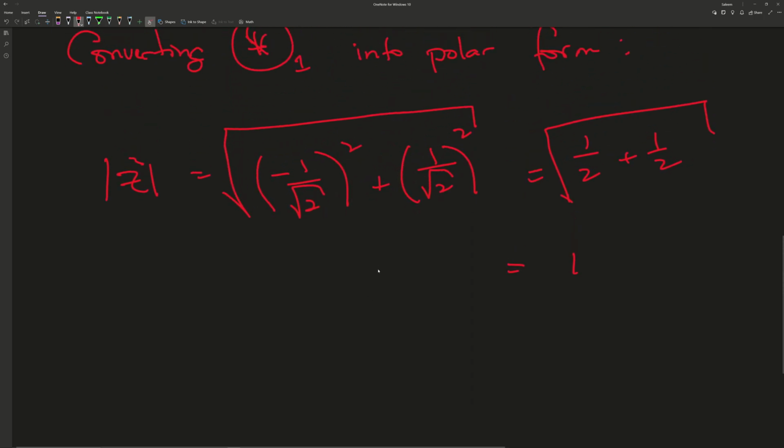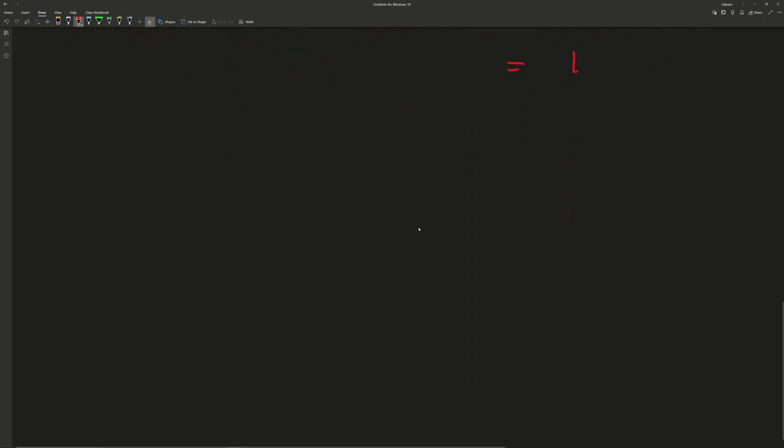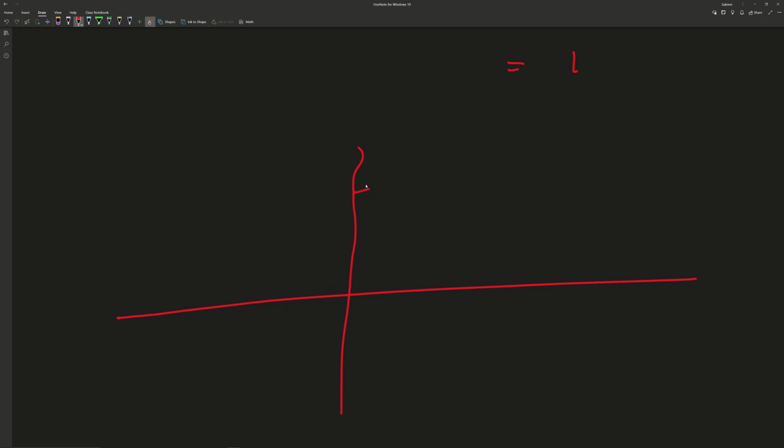Oh, by the way, how do these 2 points here look on my diagram? Let's see if we can look at it visually. So we have negative 1 upon root 2, which is somewhere here, and we also have positive 1 upon root 2 i. So this is the imaginary part, let's say it's somewhere here.